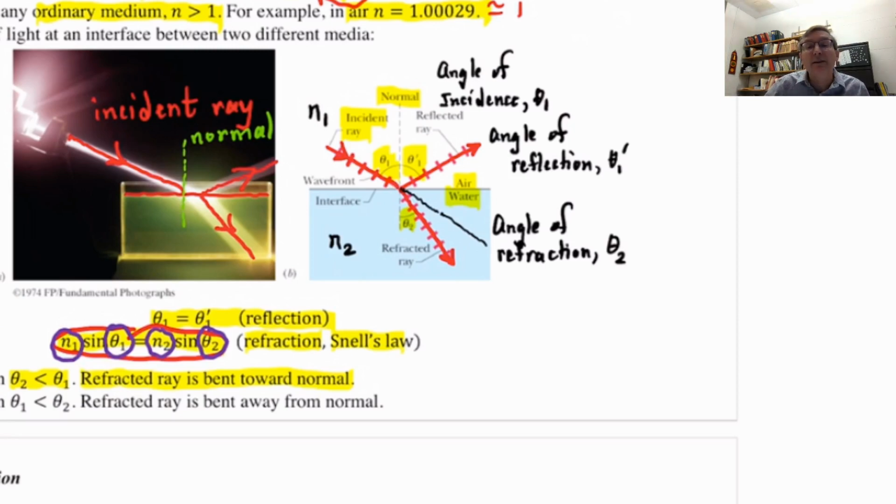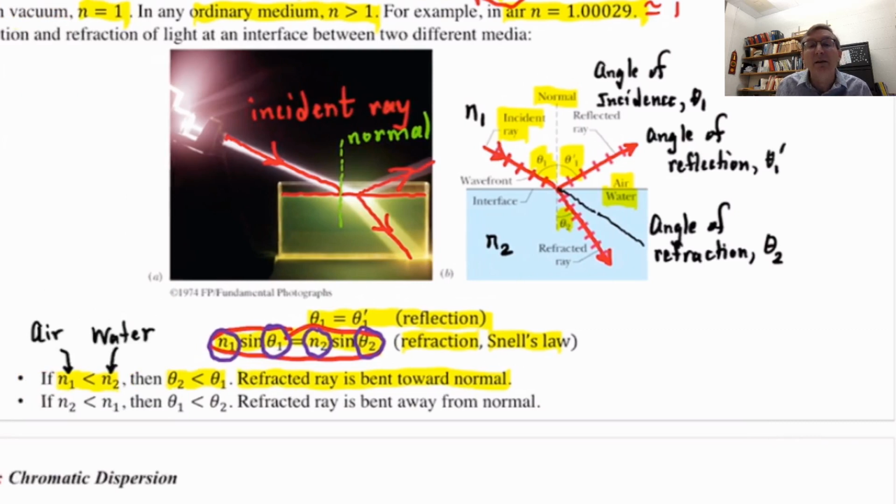But see what the refracted ray did? It bent away from that black line that I just drew towards the normal. It got closer so that theta 2 could be smaller than theta 1. And so in a situation like that, we say the refracted ray is bent, or refracted, toward the normal if N1 is less than N2.